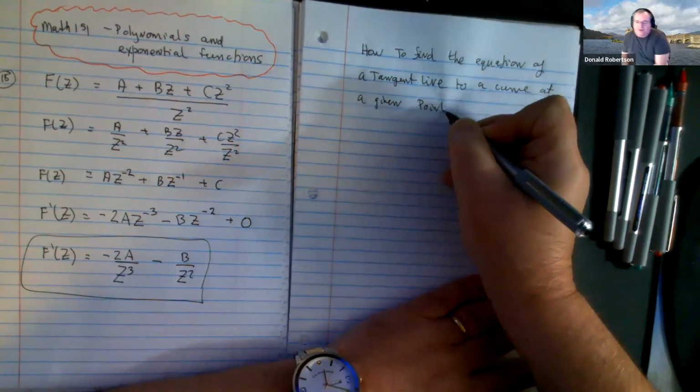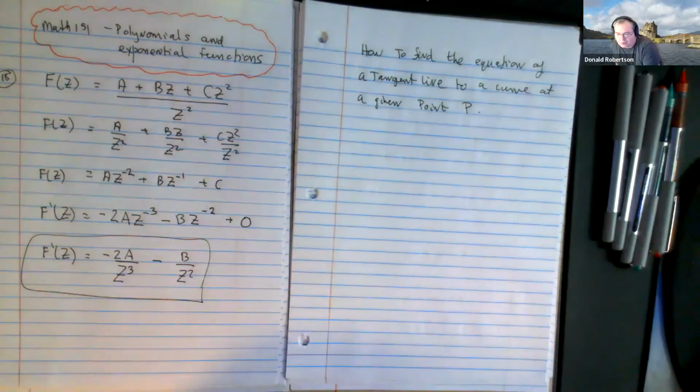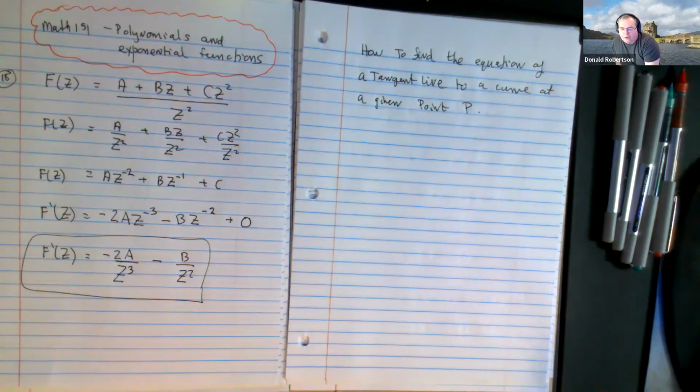So you're going to get a question where they'll tell you f of x equals whatever it is, and you're told that there is a point on the curve, P at 1, 3, whatever that might be, right? And your question is to find the equation of the tangent line.